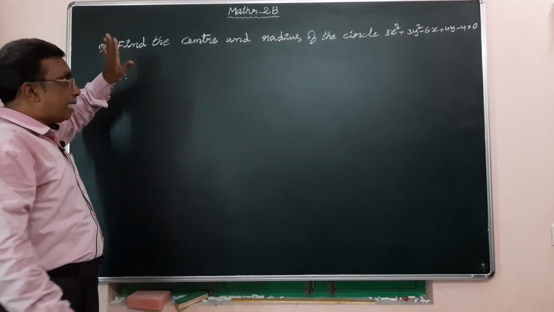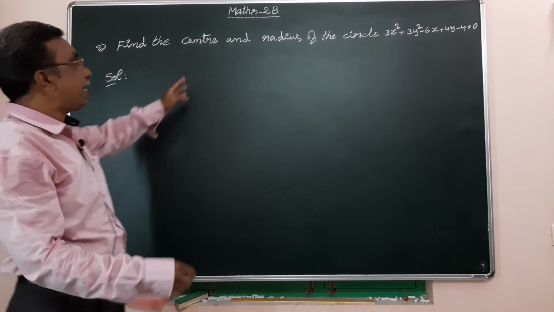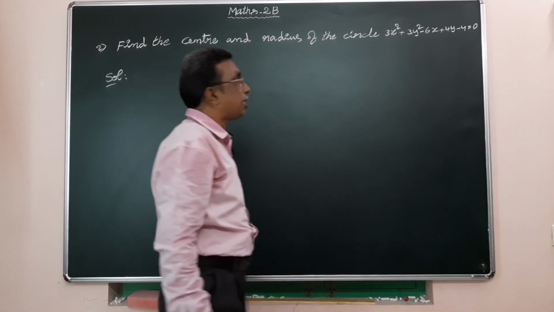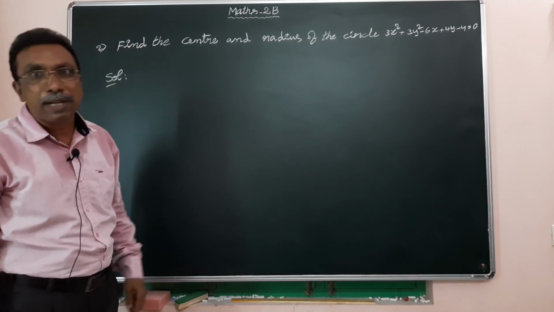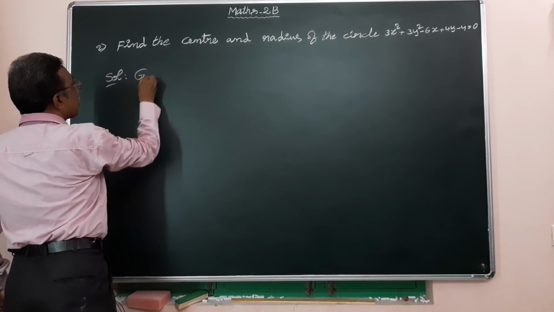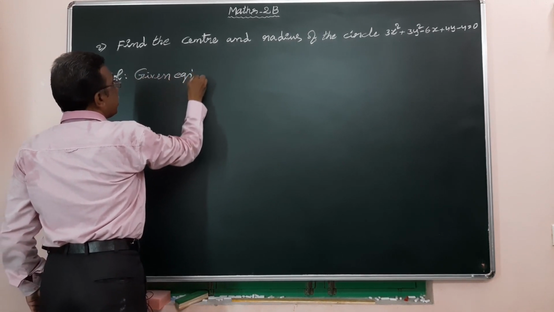Okay, students. Next, second sum. Find the center and radius of the circle 3x square plus 3y square minus 6x plus 4y minus 4 equal to 0. First of all, write the given equation of the circle.